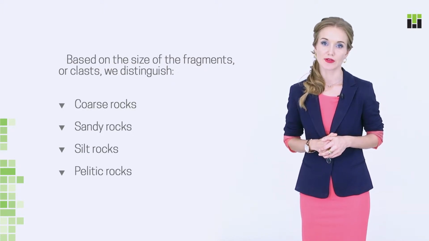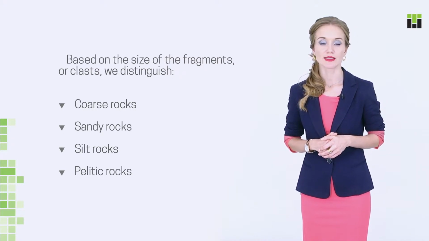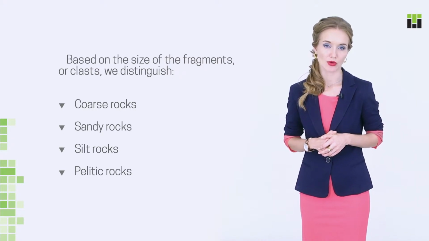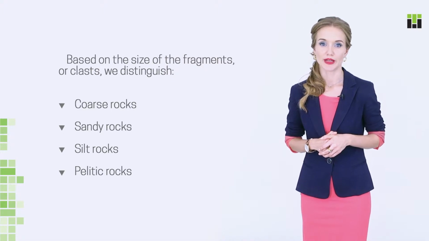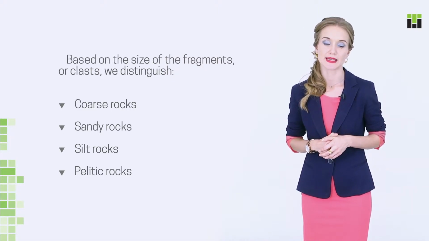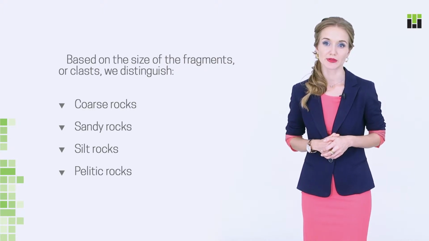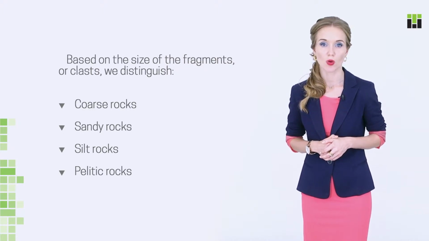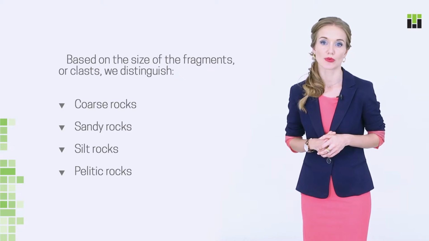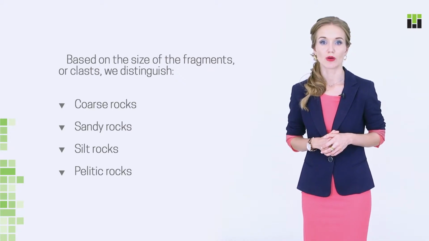Rock types differ from each other not only in clast size, but also in clast shape, round or angular, and presence or absence of cementing material. All these and some other parameters influence the so-called reservoir properties of the rock, which will be covered a bit later.